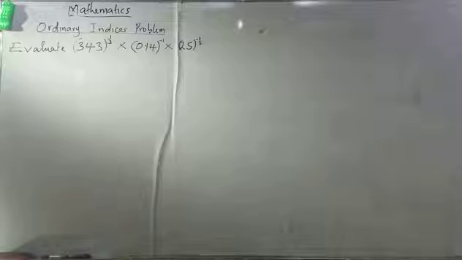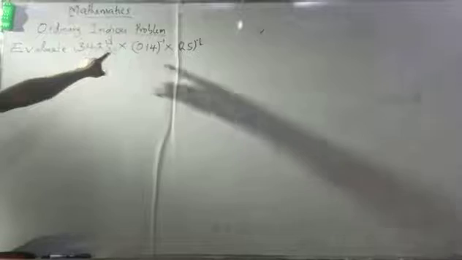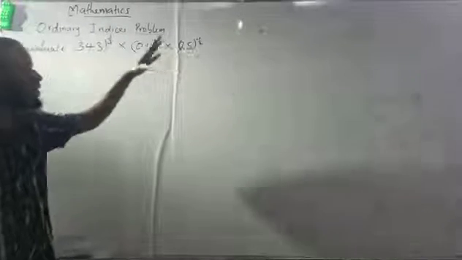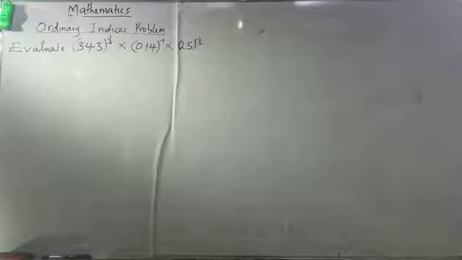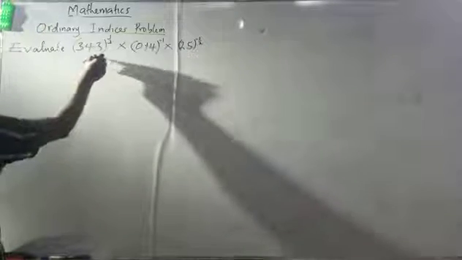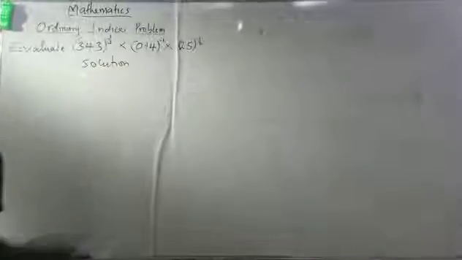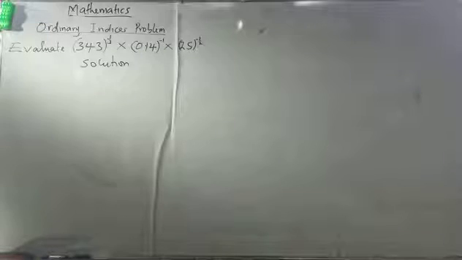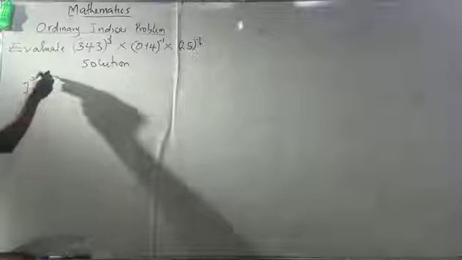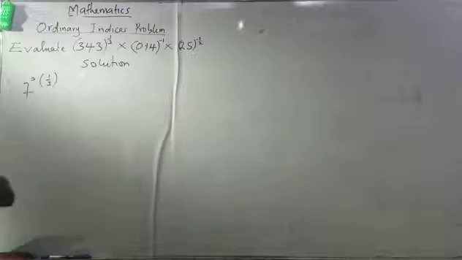Okay, now, look at this very well. It's a very nice question that you can ask to solve. Evaluate this, and how I solve it is very simple, to be sincere. Now, solution. I know that 343 will give me 7 raised to power 3, bracket of 1 over 3. That's the first step.